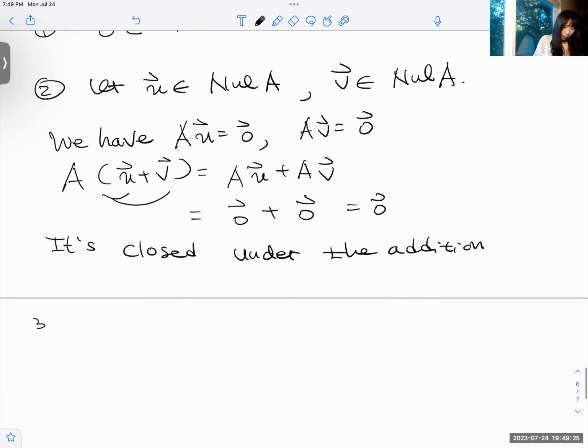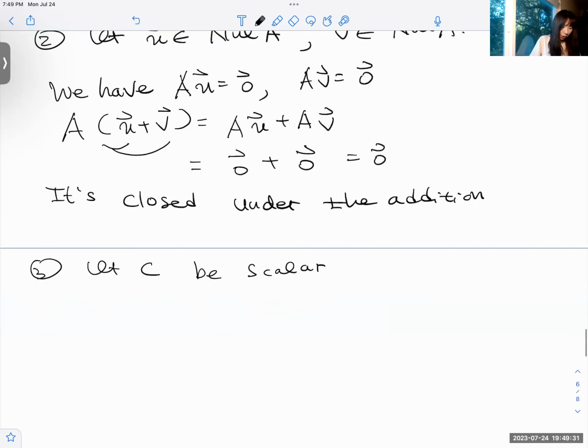Okay, number 3, scalar. Let's see the scalar. We can use A(CU). Then AU, what do you get?